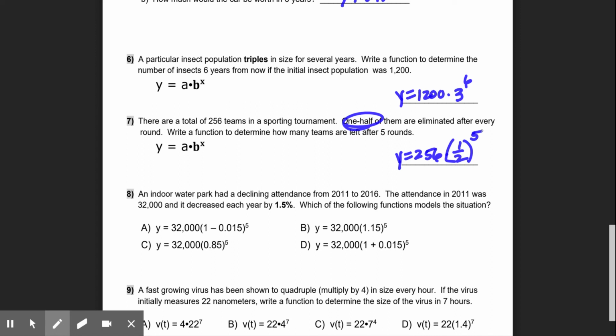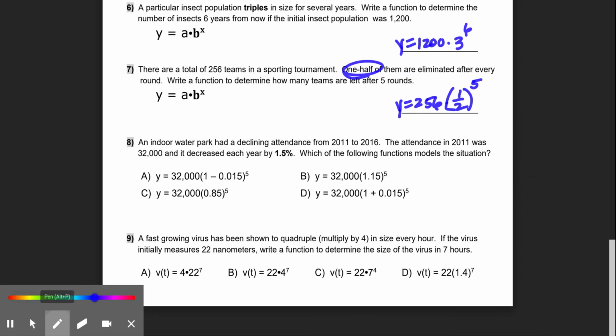Number 8, an indoor water park had a declining attendance from 2011 to 2016. The attendance in 2011 was 32,000, so that's going to be your beginning amount. And it decreased each year by 1.5%, which is fine. So you begin with 32,000.